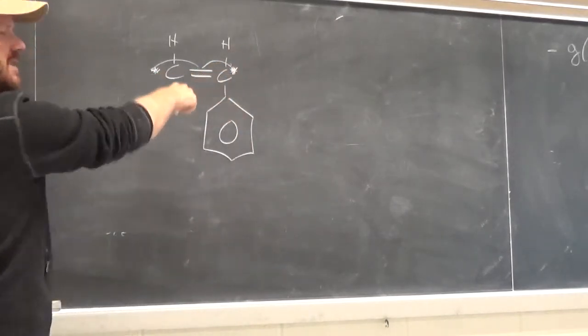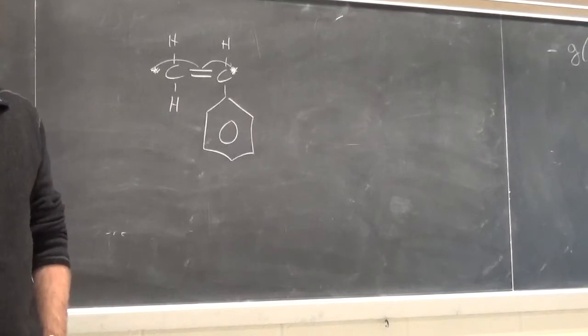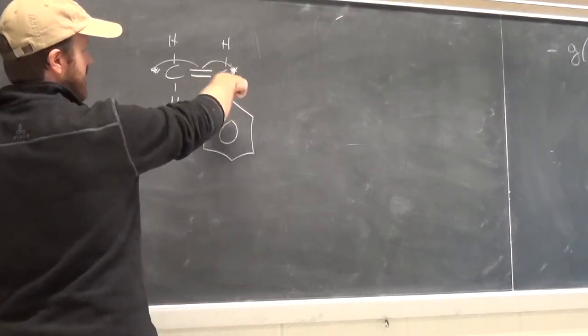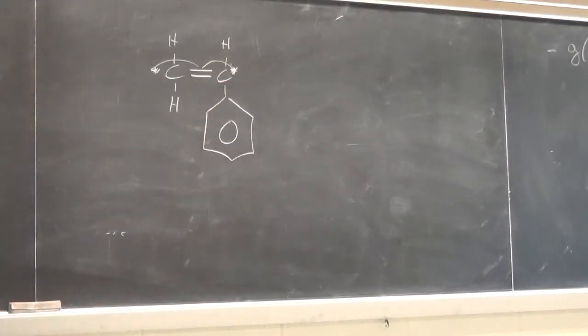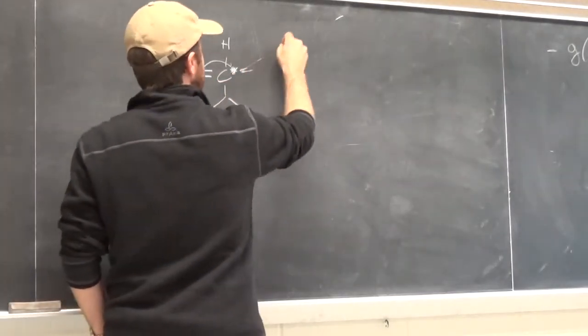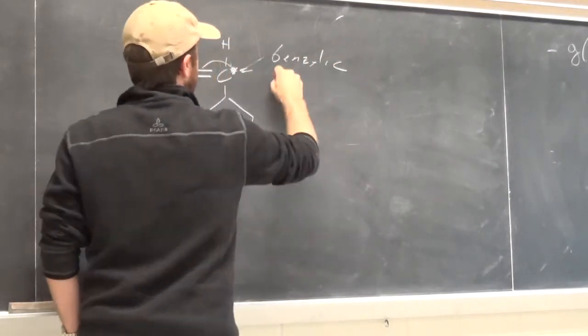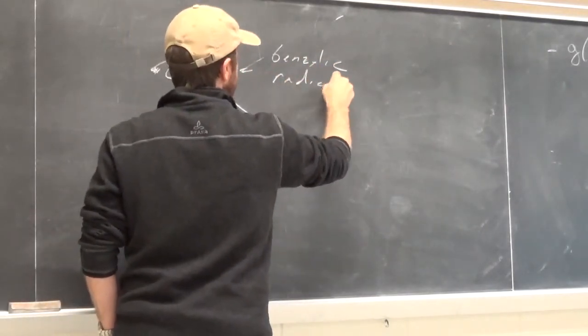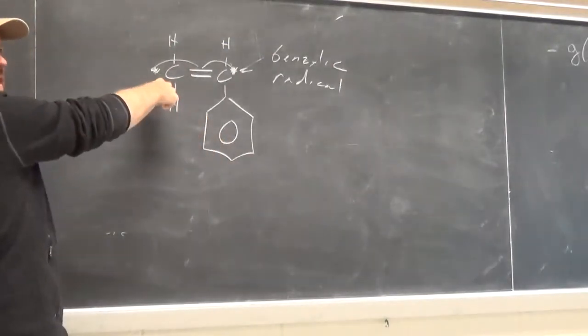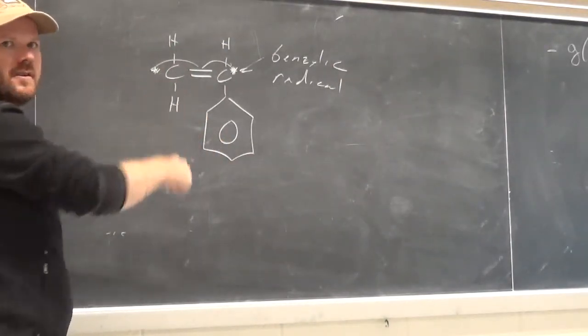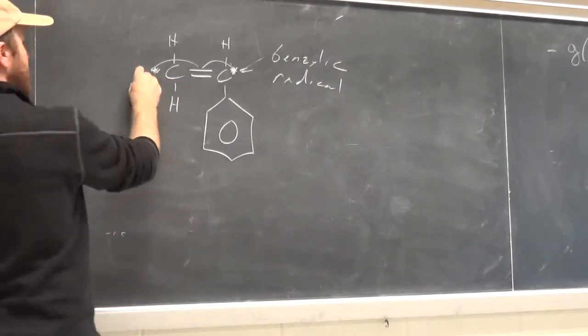What type of carbon is this? Benzylic. So it's secondary as well, because it's bonded to another carbon, but we call it benzylic. So a benzylic radical. What type of radical is this other one? Primary radical, right?